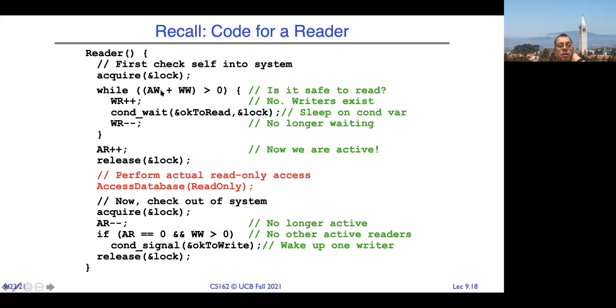So anyway, if there are no active writers or waiting writers, then you increment the number of active readers, because now you are allowed to read, so you are an active reader. And you release the lock. You access the database.